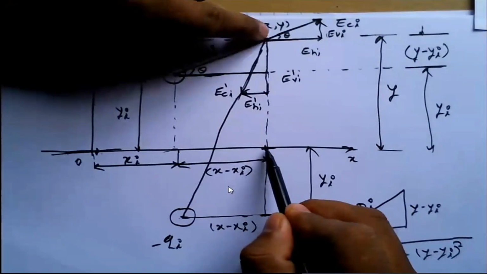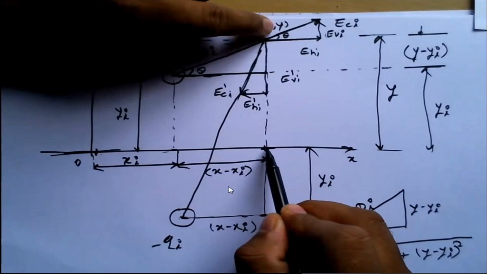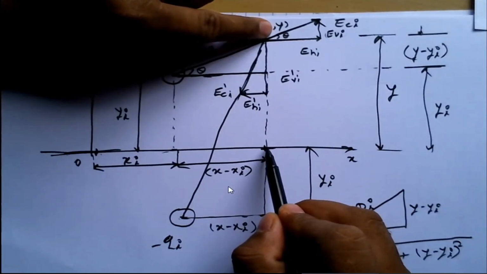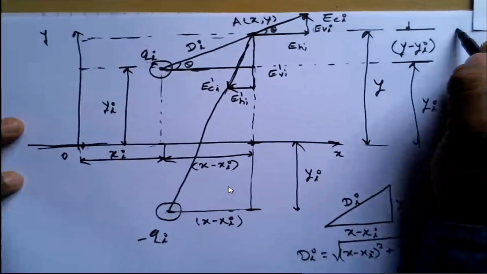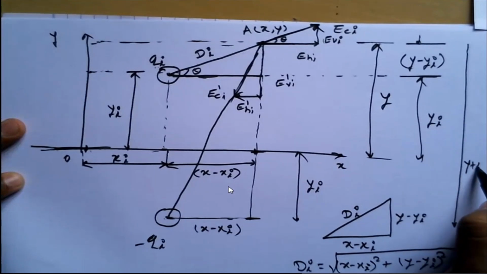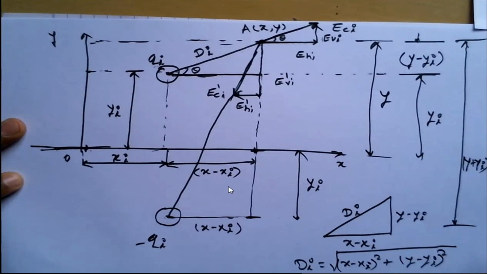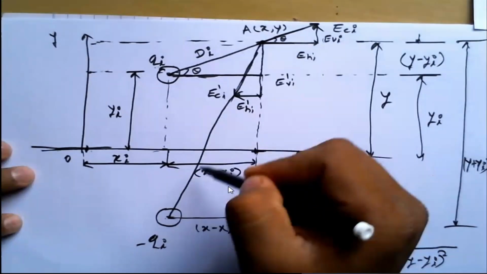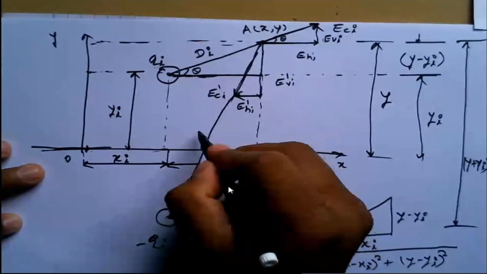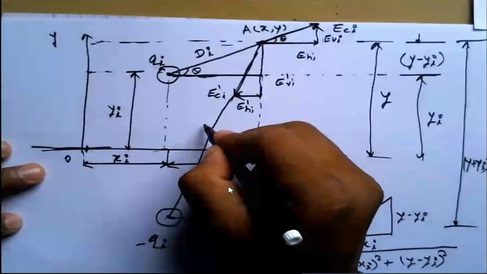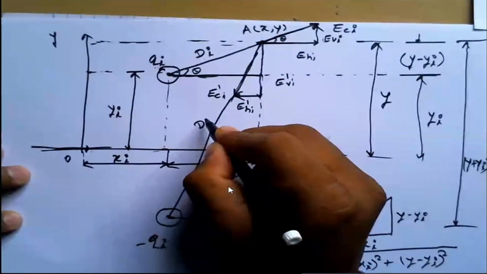From this point, what is the distance? That means, what is the distance of point A from the ground? It is y. So this total distance will be y plus yi. Very nice. Now, in this case, let us suppose the distance of point A from the negatively charged image is di dash.